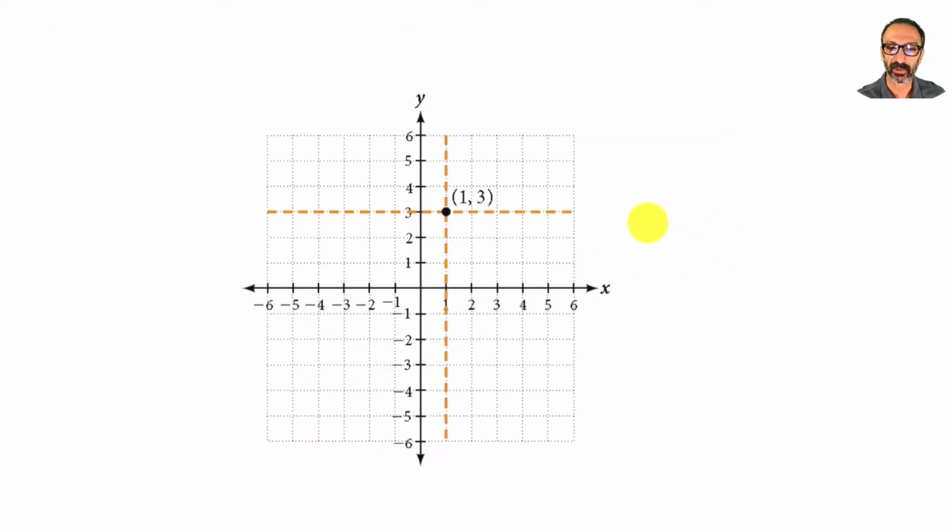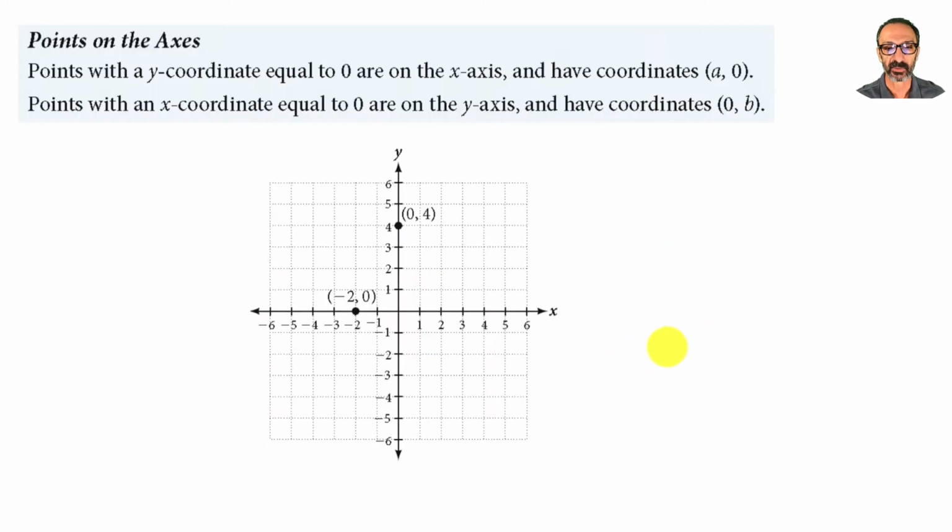This point is (1, 3): 1 for x and 3 for y. You go right 1 and you go up 3, and that's how you graph it. Okay? We're going to see more examples, so let's move on.